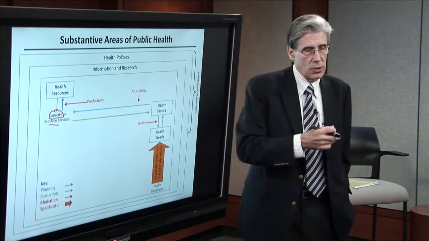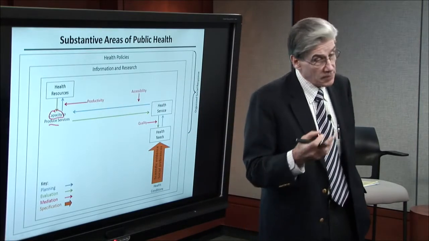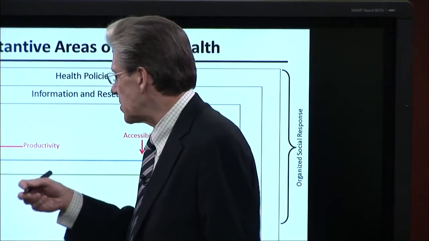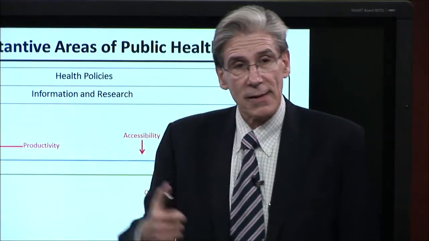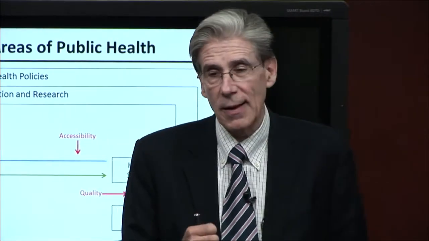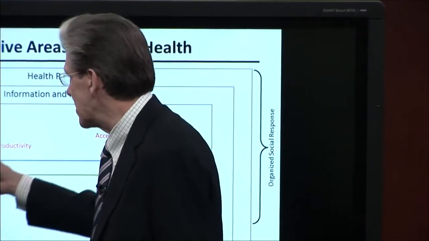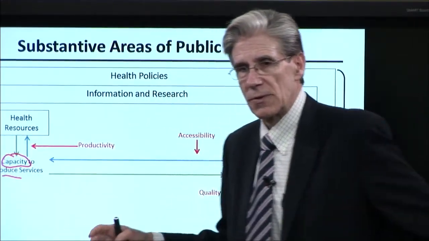We know that age is a factor in productivity. There are gendered differences because women workers have other roles and demands on their time. Obviously, the level of training is a question, the incentives to which they are exposed. So there are a number of determinants of this capacity to produce services.